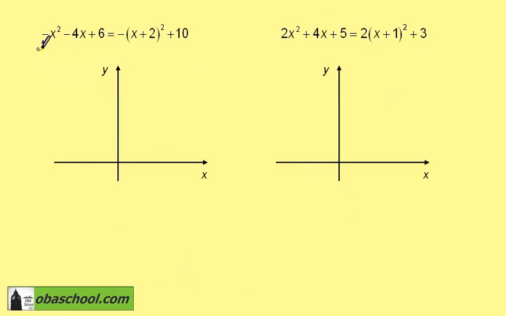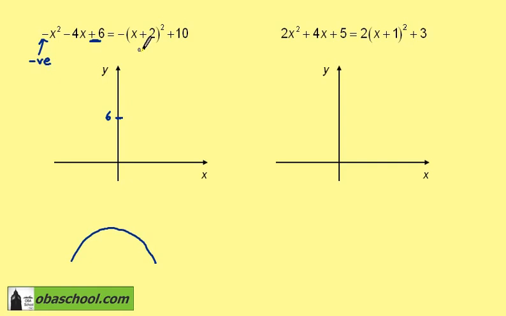Now for minus x squared minus 4x plus 6, the number in front of the x squared is -1, which is a negative number. This tells us that the curve is this way up, often referred to as a sad curve. The number on its own in original form tells us it cuts the y-axis at 6.